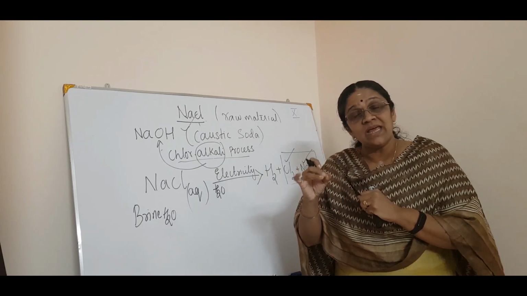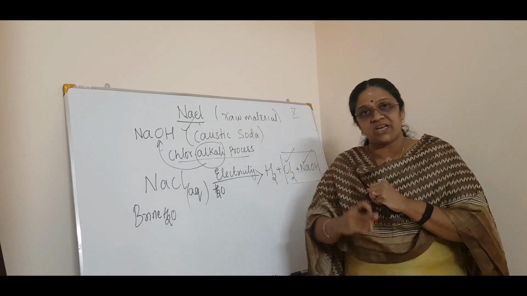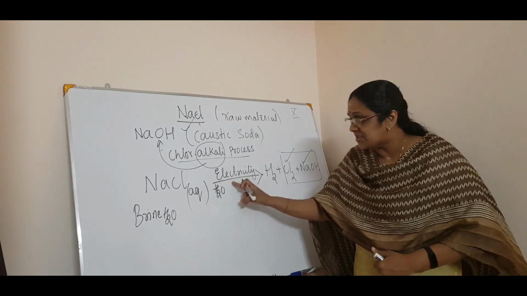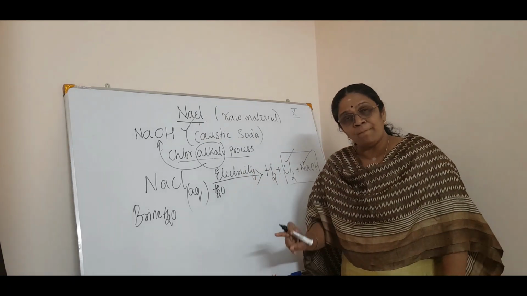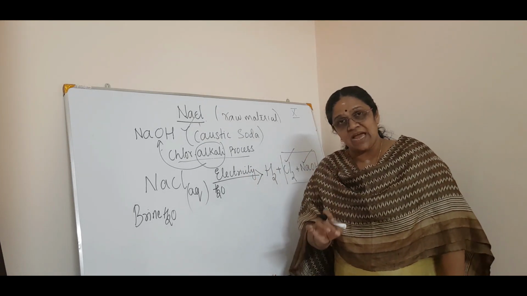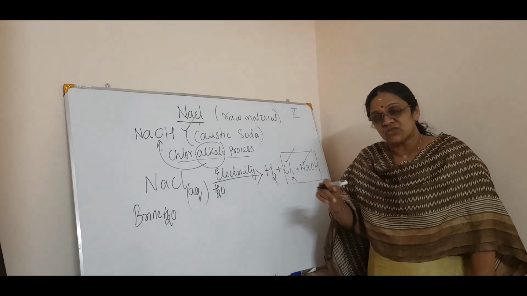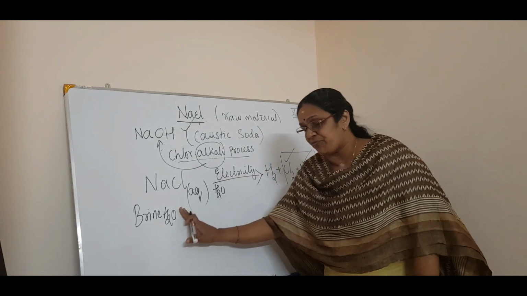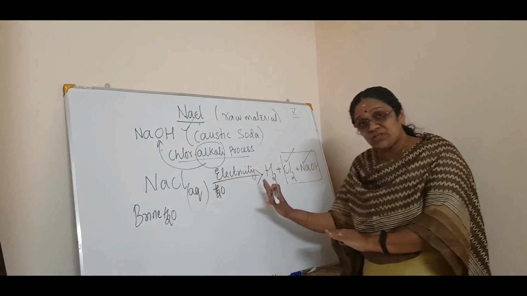So what is that called? Electrolytic decomposition. Am I right? Yes. So in this process also, electrolytic decomposition happens. That is why electricity is passed. So on electrolytic decomposition of brine water, it decomposes to form hydrogen, chlorine and NaOH.